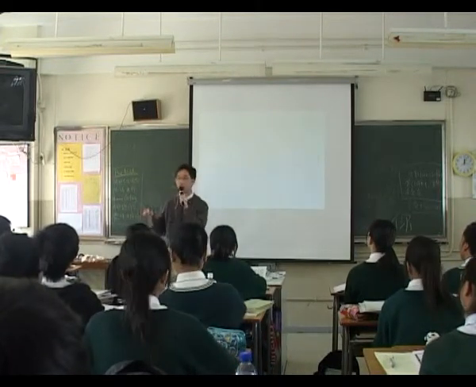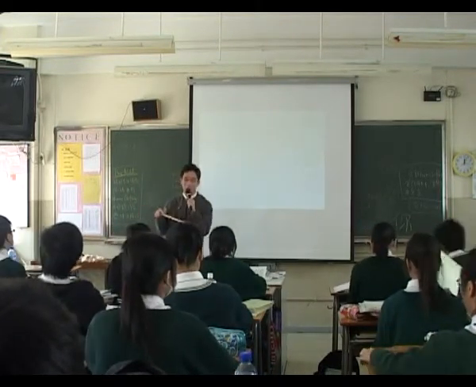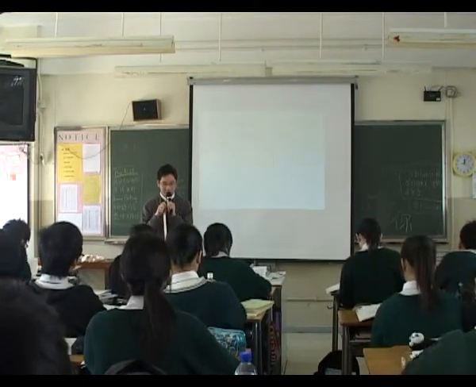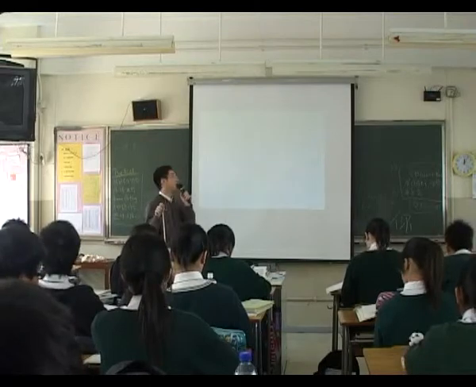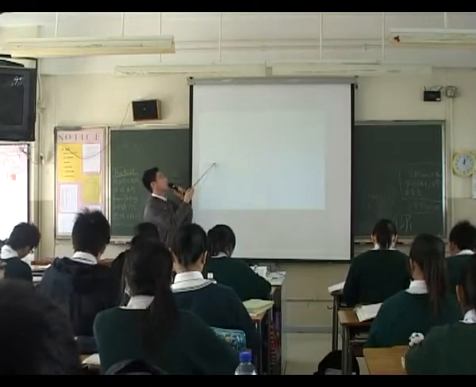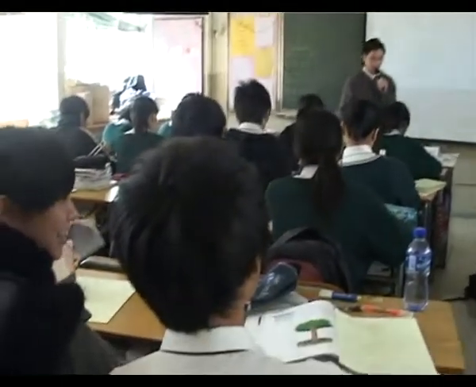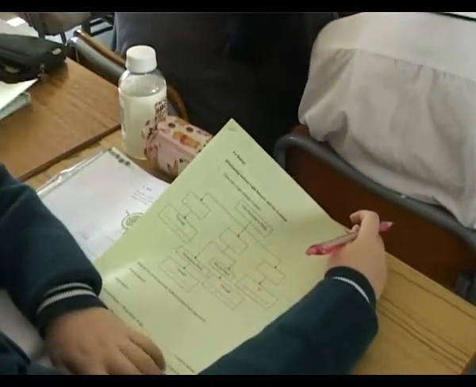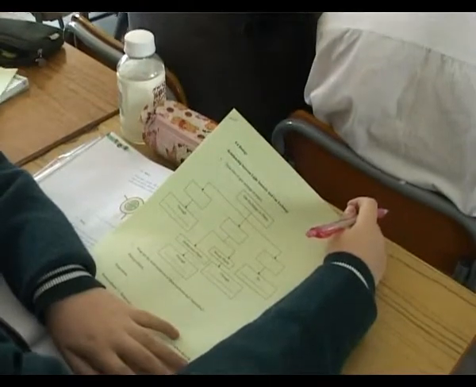So let's fill in the blank on your worksheet. That's question one. Which are the three organs in which gas exchange occurs in plants? So from last lesson. Number 5.